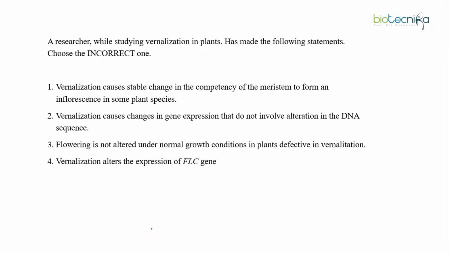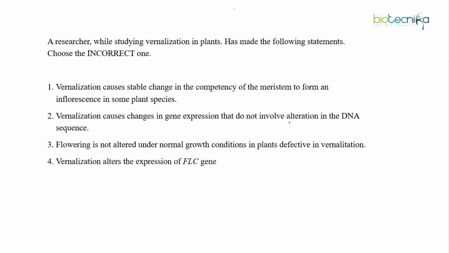Or maybe they show a very delayed flowering. The growth is normal, vegetative growth is normal, but flowering is getting delayed. Okay, and this is very vital for plants which need cold exposure naturally. You must have brought a plant from somewhere else which needs a cold temperature. Now if you want to grow it in a very hot humid climate, then you have to subject that plant to vernalization.